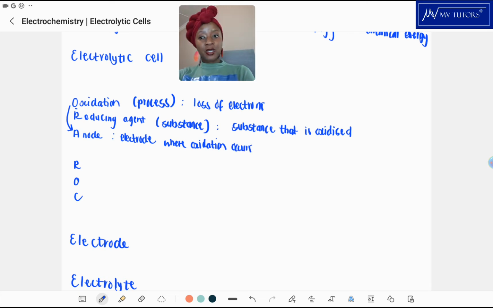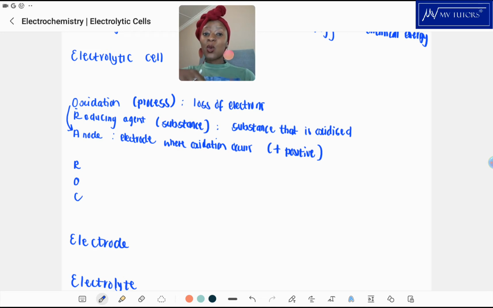You'll see it clearly once we have the sketch. So at the anode, that is where oxidation occurs. The anode is the electrode that is positively charged on the electrolytic cell.